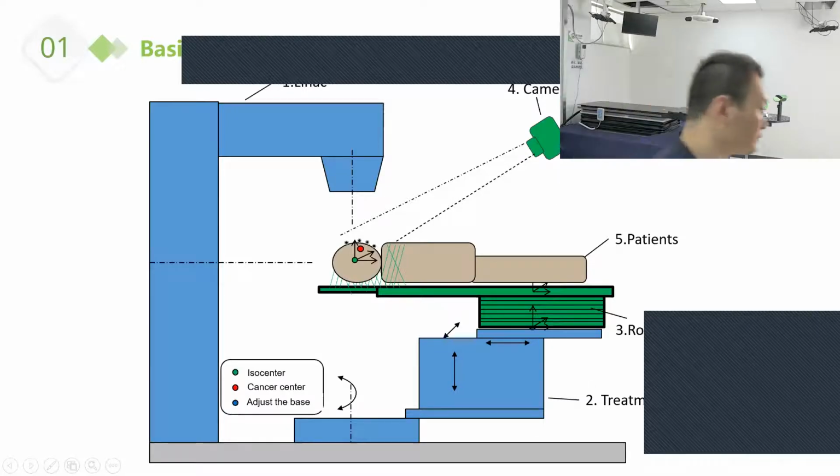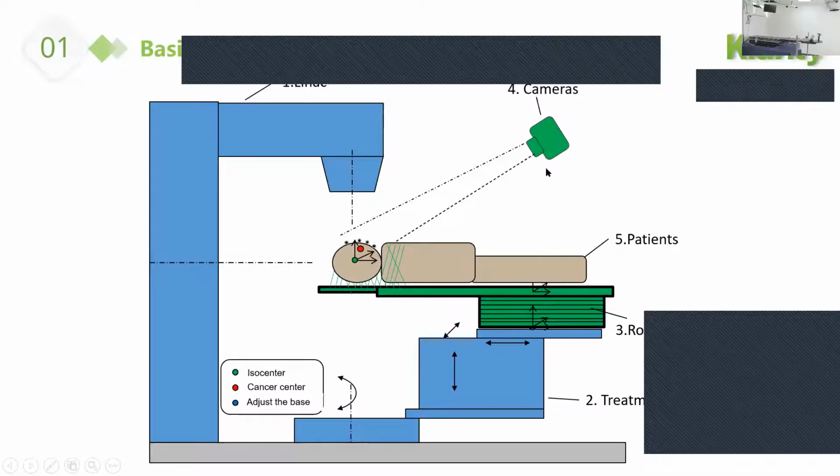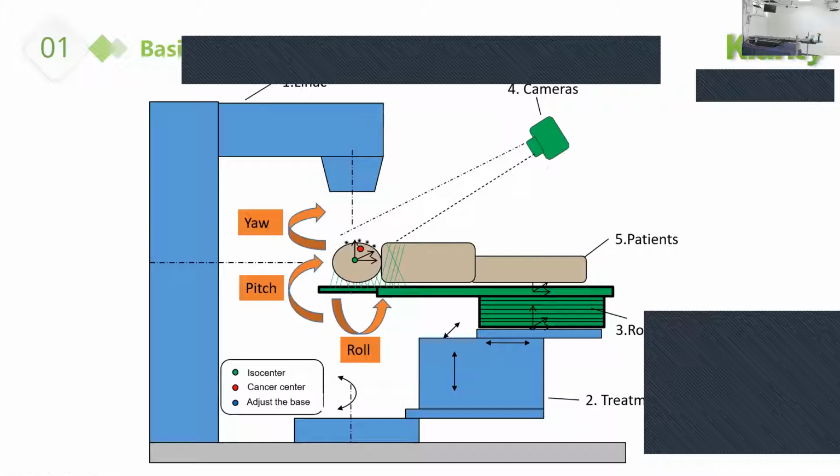And also we install 2 cameras on the ceiling to check the patient. With the robotic couch subsystem, we can correct the patient with the rotations of yaw, pitch, and roll. And the correction changes from 3 degrees of freedom to 6 degrees of freedom with our product.